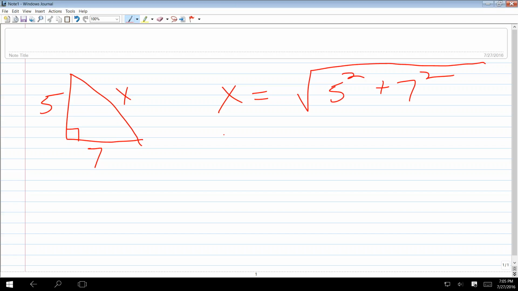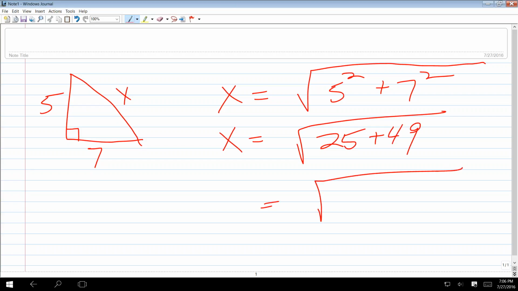That's the square root of 25 plus 49, which is the square root of 74. Can that be reduced? Not into a full number. No, it really cannot be.